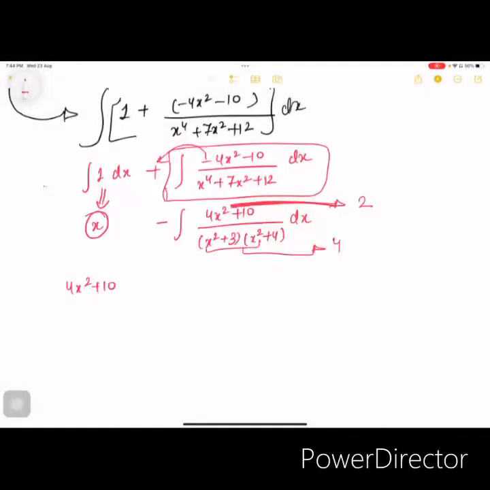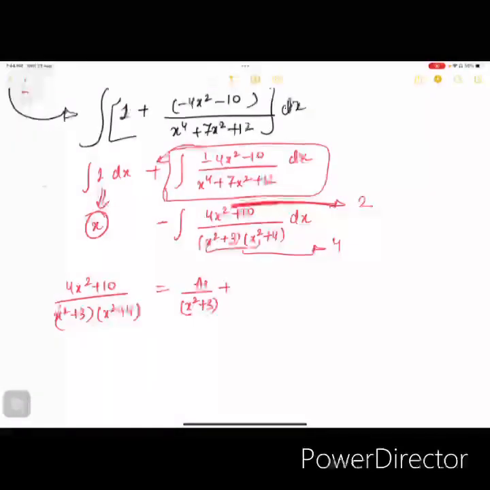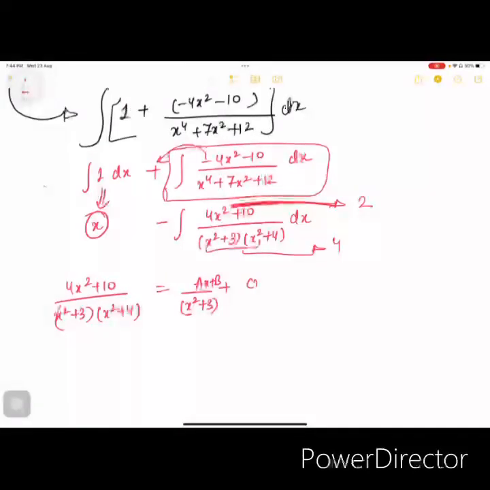So we can rewrite it as a upon x square plus 3. Sorry, it is quadratic, so it will become ax plus b and cx plus d upon x square plus 4. Now you have to simply take LCM, cancel the term, calculate the value of a, b, c, d. It will be there.